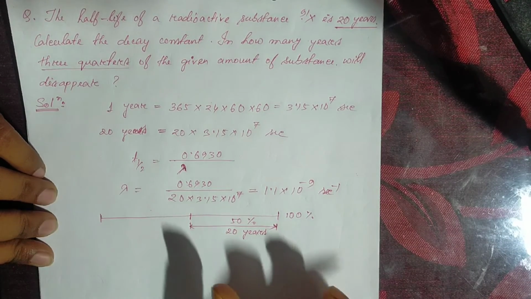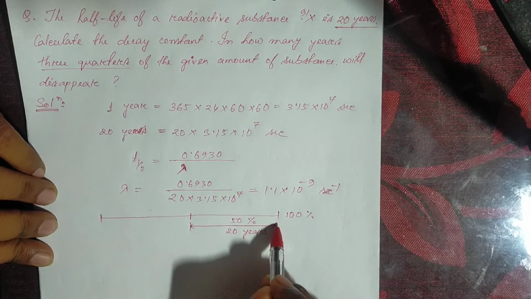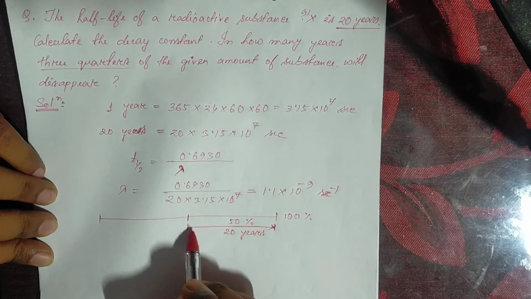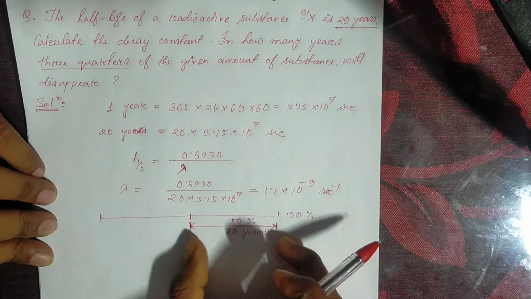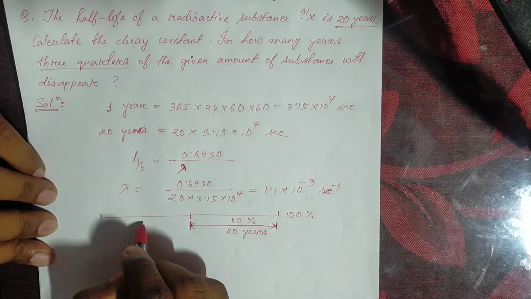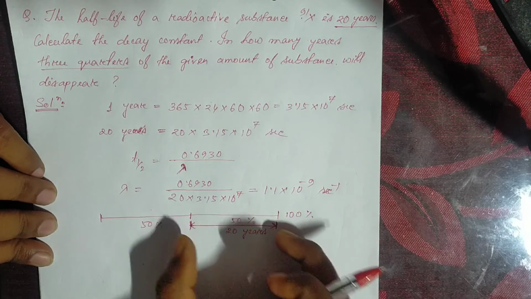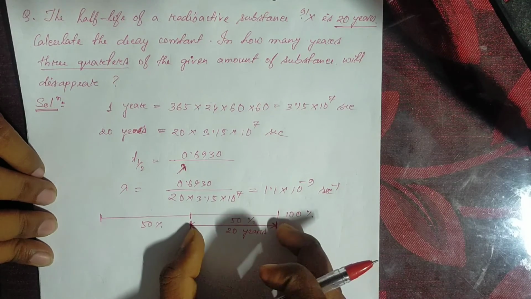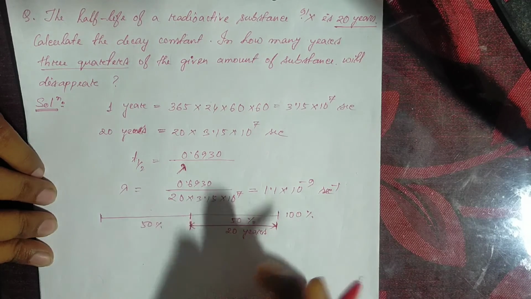Next, we consider this remaining 50% as the whole part. This 50% disappeared and this 50% remains here. Now we consider this 50% as the 100%.